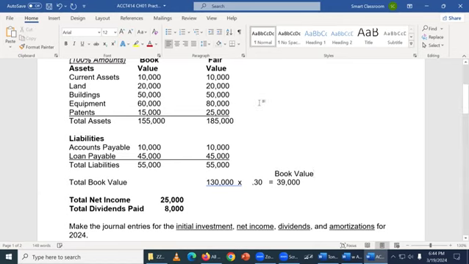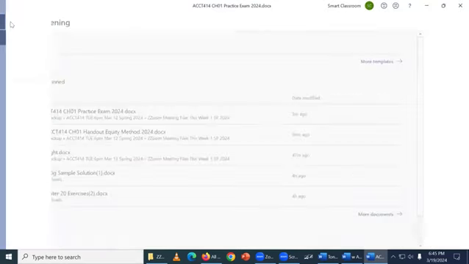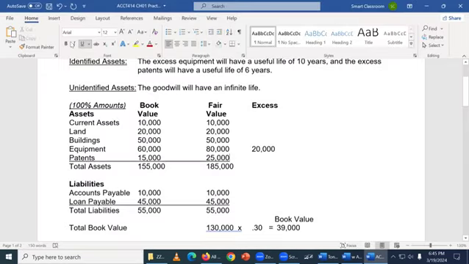Now let's see, up here we have this excess assets.